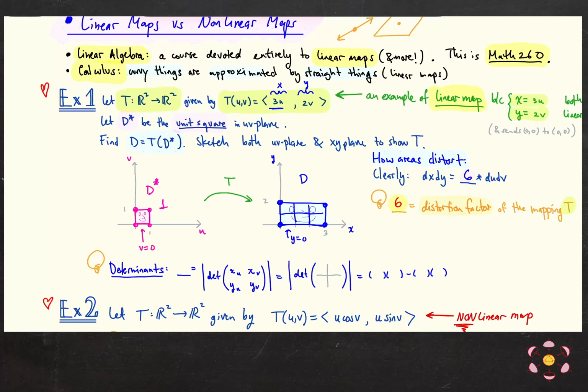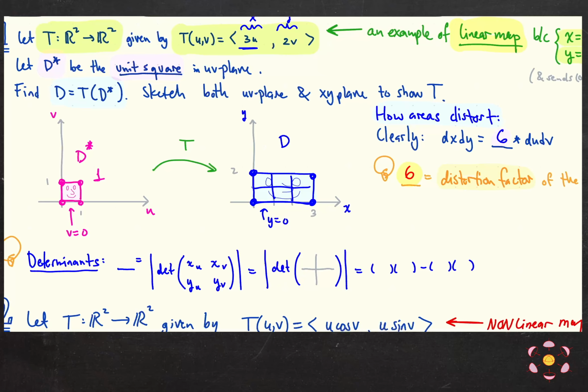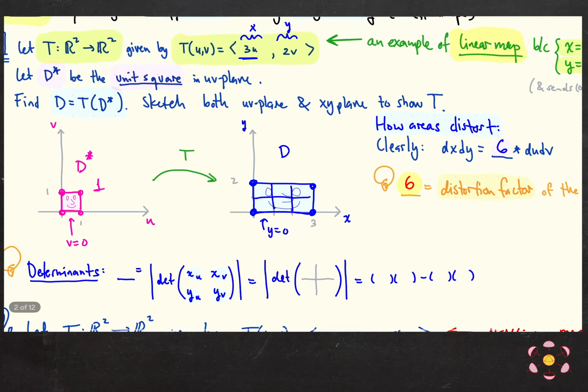Okay, cool. Now, let me show you something interesting here. Remember, we looked at determinants when we introduced cross products. I want us to look at the following. I've got the determinant of the following, and these are partial derivatives. Keep in mind that x and y are the coordinates of this transformation. Those are just functions of u and v, so I can take partial derivatives with respect to u and v.